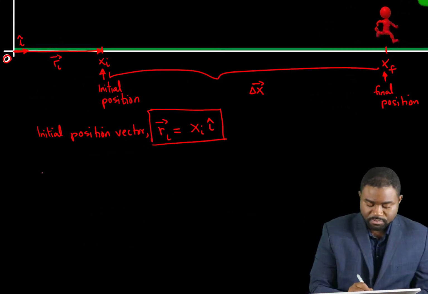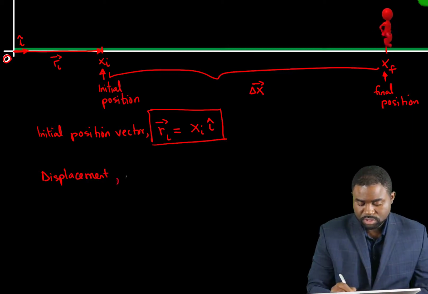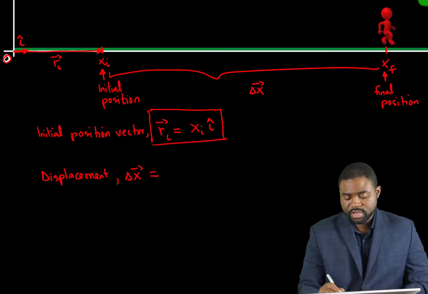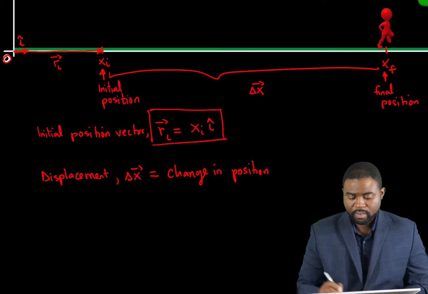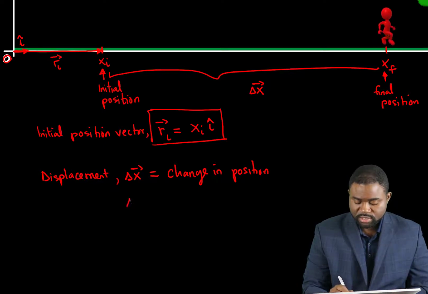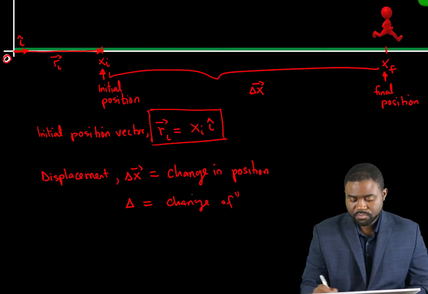So his displacement delta x is simply defined as a change in his position. Remember that the sign delta simply means change of.